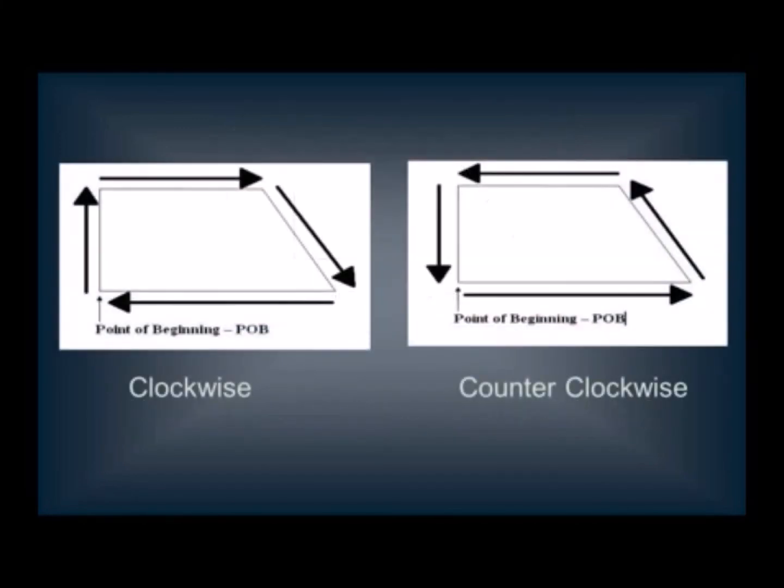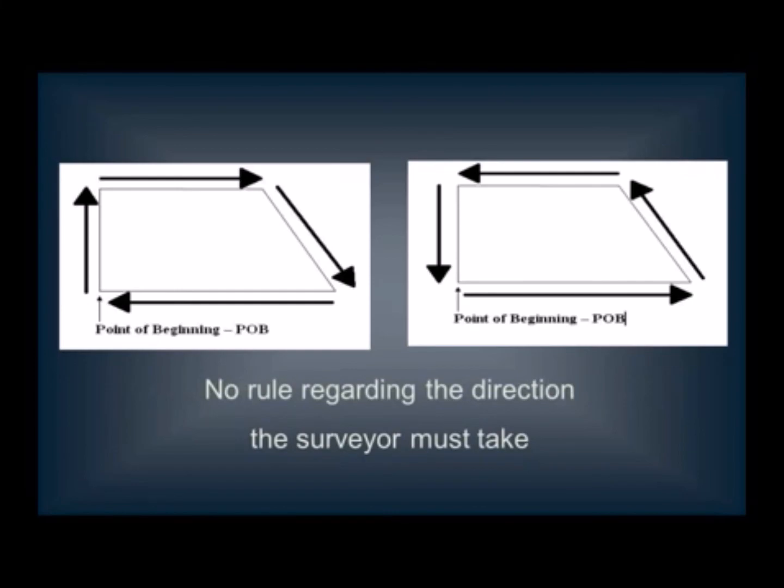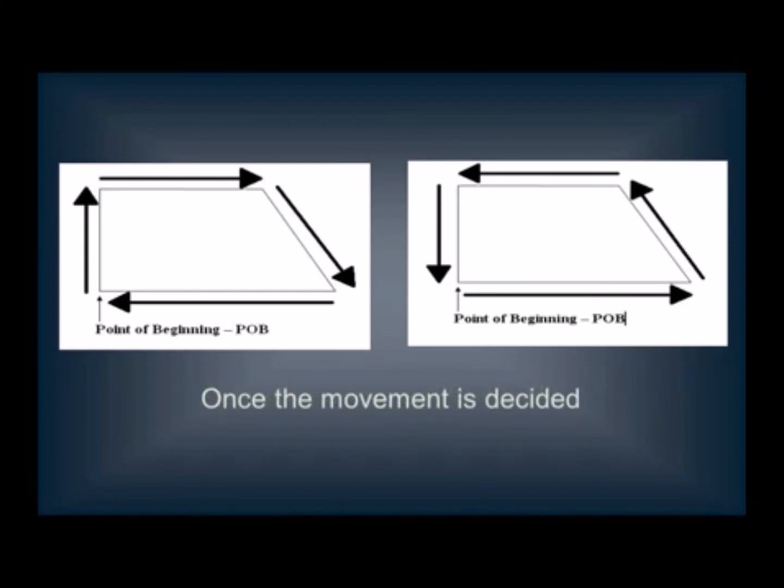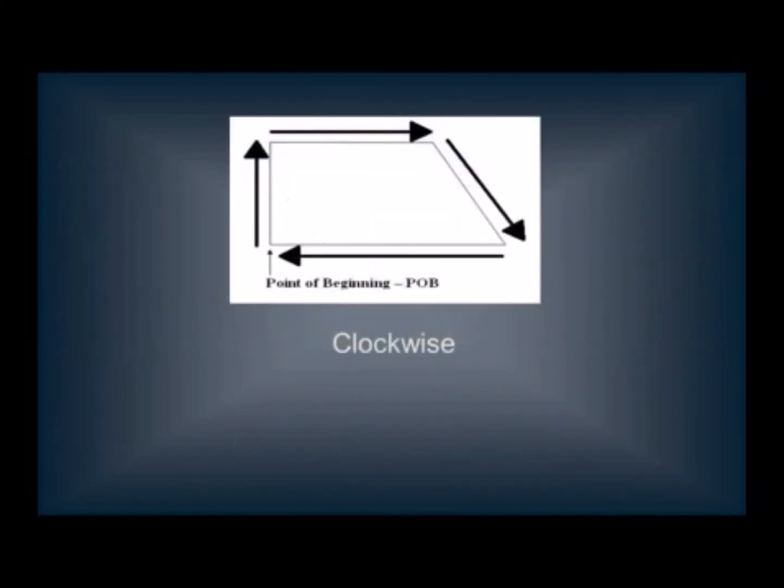Do you want to move around the lot in a clockwise or counterclockwise direction? There is no rule regarding the direction a surveyor must take when moving around the lot. However, once the movement is decided, it must be used consistently in the subdivision. Let's move around this lot in a clockwise direction.